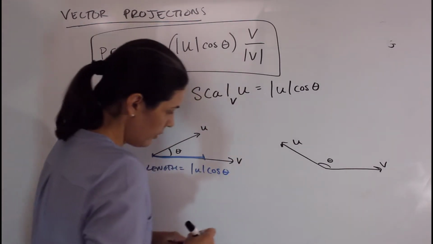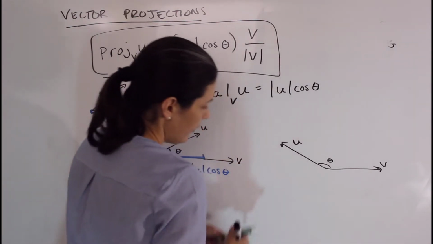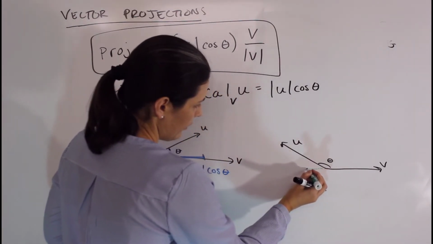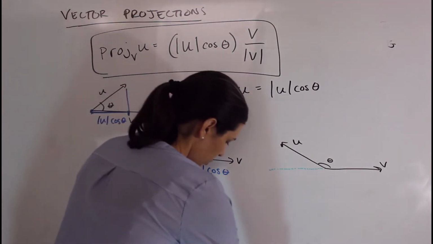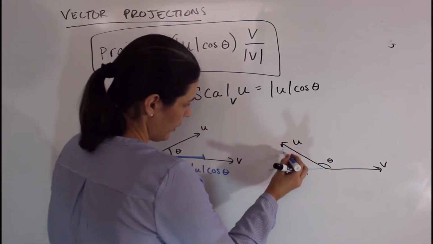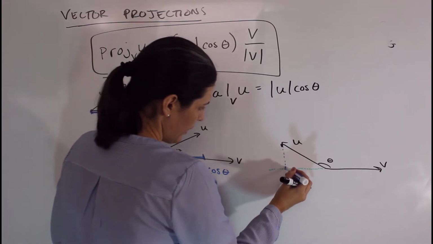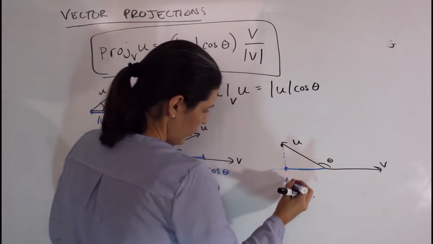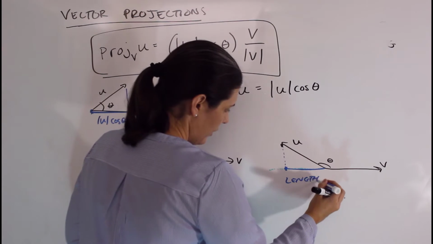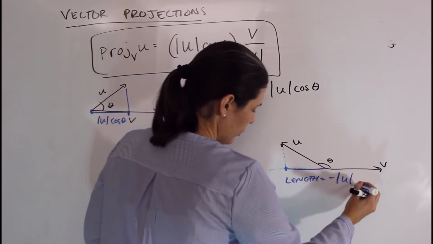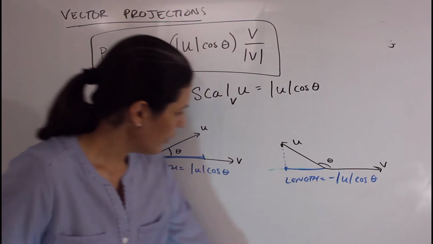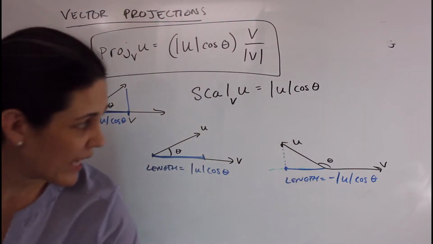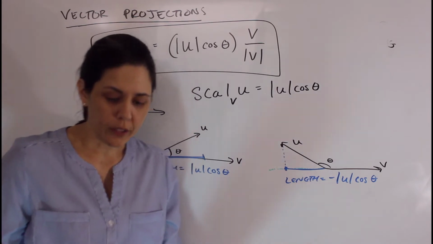But in this one, it's a little different because you have to take v and consider the negative of v over here. And so when you do this projection, it's actually going to come down onto here. Then this length, you're going to represent as negative magnitude of u cosine theta. Just a small difference if theta is more than 90 degrees.